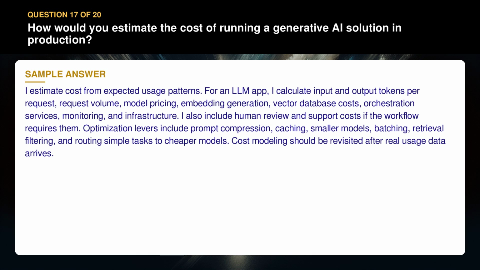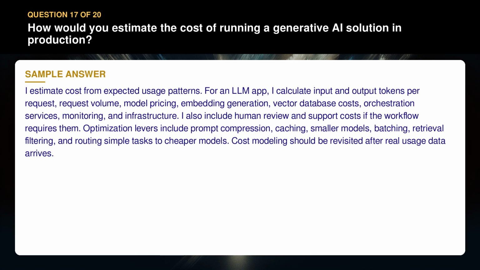For an LLM app, I calculate input and output tokens per request volume, model pricing, embedding generation, vector database costs, orchestration services, monitoring, and infrastructure. I also include human review and support costs if the workflow requires them. Optimization levers include prompt compression, caching, smaller models, batching, retrieval filtering, and routing simple tasks to cheaper models.